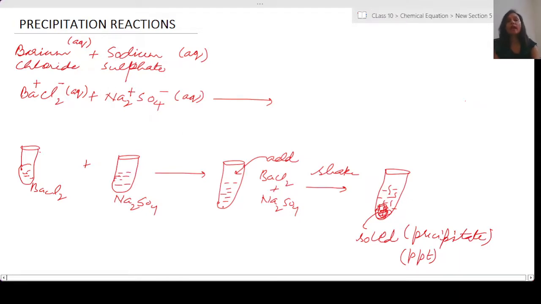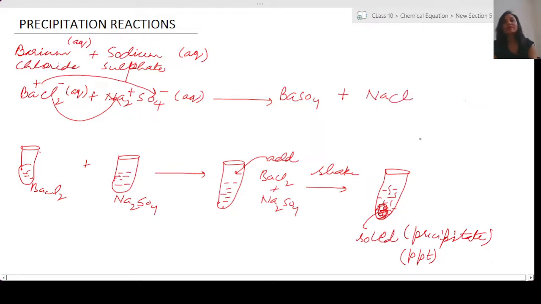So now what will happen here is that this is a positive ion and in the other one SO4 is a negative ion. Remember, opposite charges always attract. So this Ba will combine with SO4 and form the compound BaSO4. And this Cl will combine with Na and form NaCl.